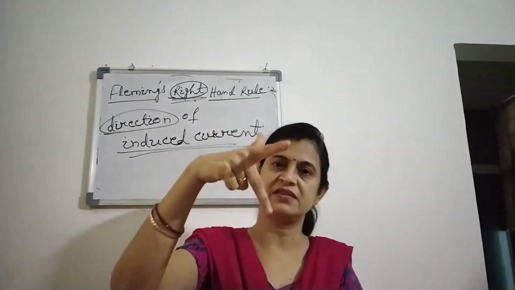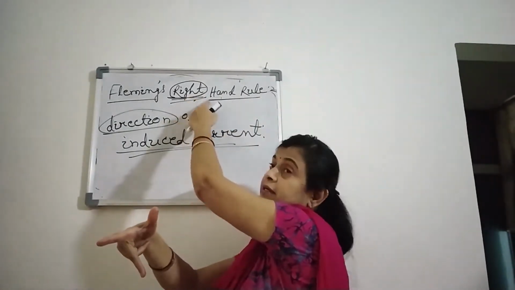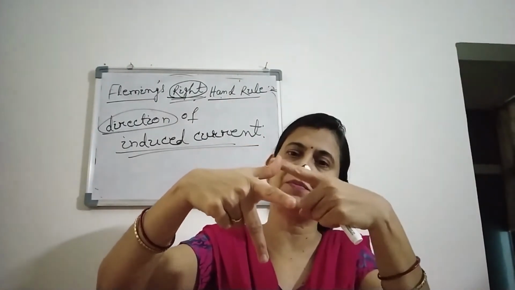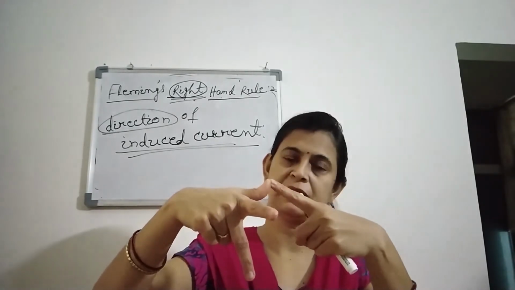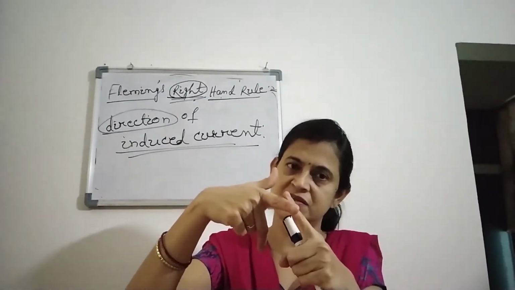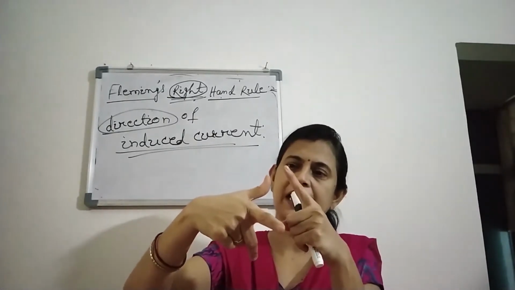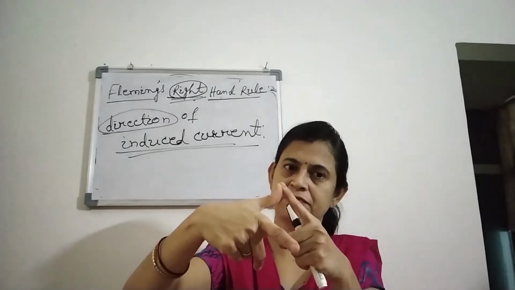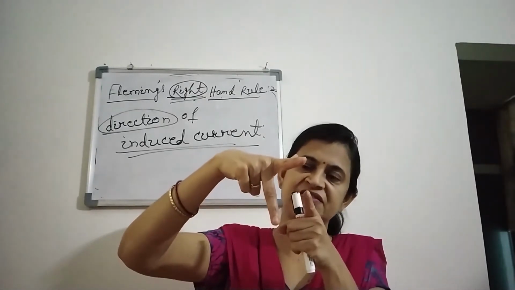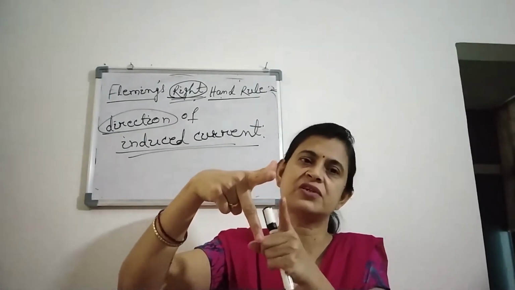Again I am saying, stretch these three fingers of your right hand so that these three fingers are mutually perpendicular to each other. Second point, if the first finger points the direction of magnetic field B, and the thumb points the direction of force or the direction of motion of the conductor, then the central finger will indicate the direction of induced current.